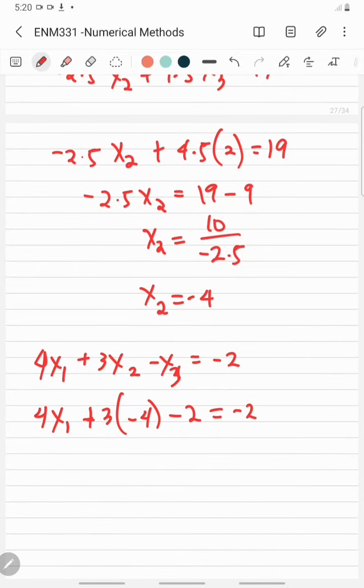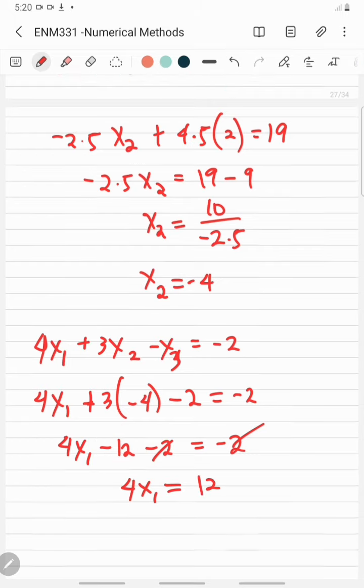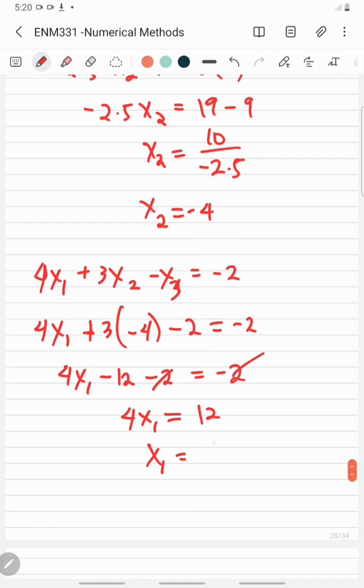So 4x1 plus 3 times negative 4, so this is negative 12, minus 2 is equal to negative 2. So this can be equal to 0. So for 4x1, we have to transpose 12 to the right, so this will become positive. So x1 is equal to 12 divided by 4. So x1 is equal to positive 3.